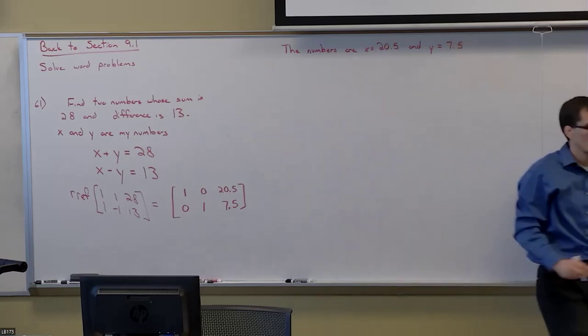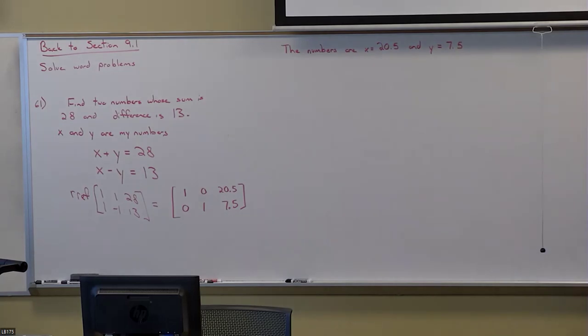So X would have to have been 20.5 and Y would have to have been 7.5.